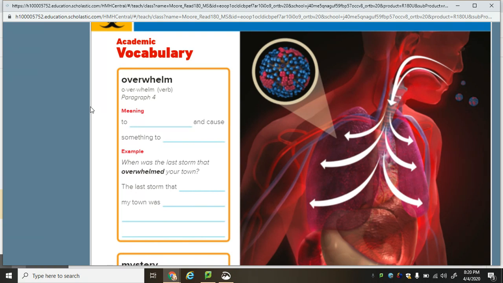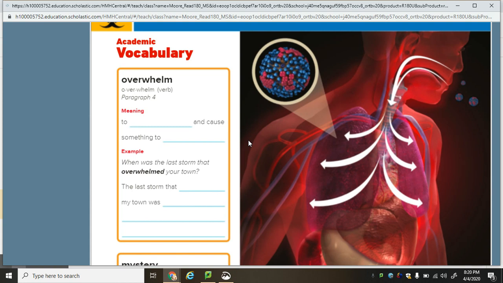So what happens when we're overwhelmed is we get, not really attacked, but it means like we are, oh gosh, what am I trying to say? We are almost like attacked by this thing, and our body is broken down. Okay.